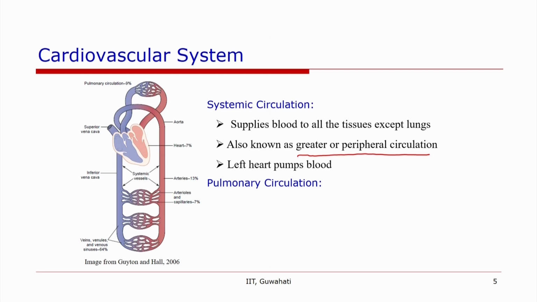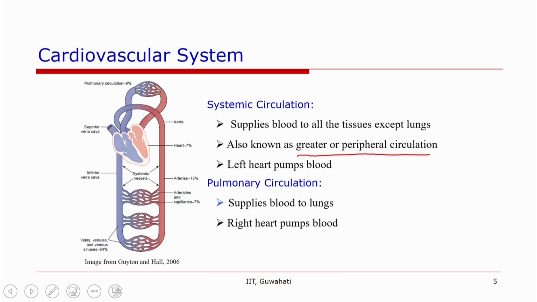The heart has, as we will see in the later slides, two pumps in series. So, the left part of the heart pumps the blood in the systemic circulation, that is it supplies fresh blood to all parts of the body except lung. Pulmonary circulation supplies the deoxygenated blood to lungs, and this pumping is carried out by the right heart.